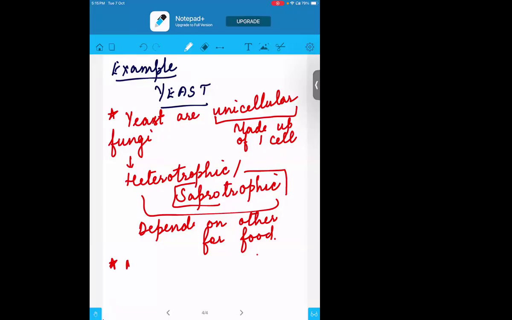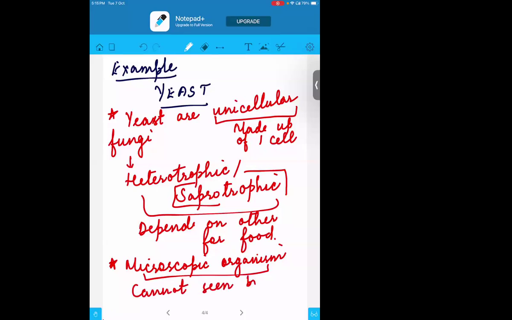Second, they are microscopic in nature. Microscopic organism means it cannot be seen by naked eyes. So you cannot see them by your normal eyes. You have to use the microscope if you want to see them.